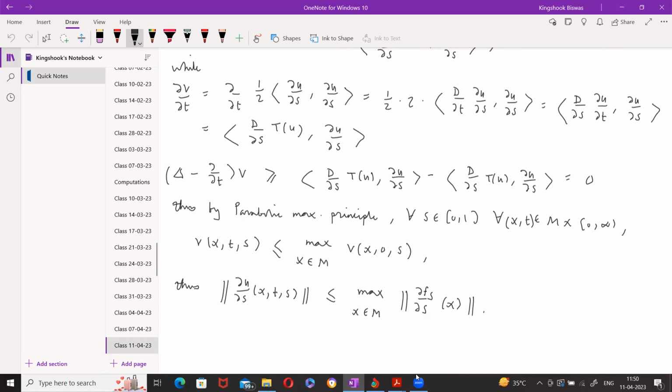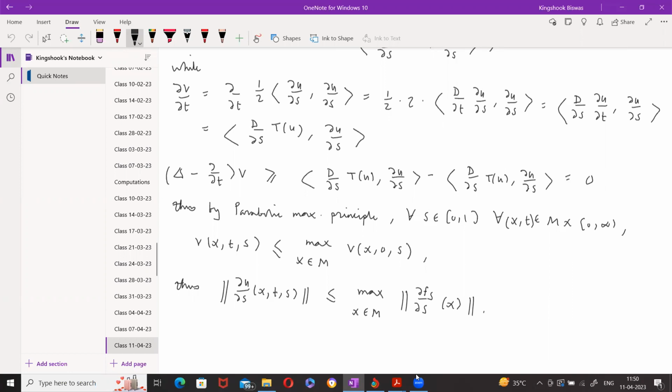But then the value at time t plus epsilon will also be less than the value at time t, right? Because I just apply the harmonic maps heat flow starting at t, not at t plus epsilon. That becomes my initial value, starting at t.